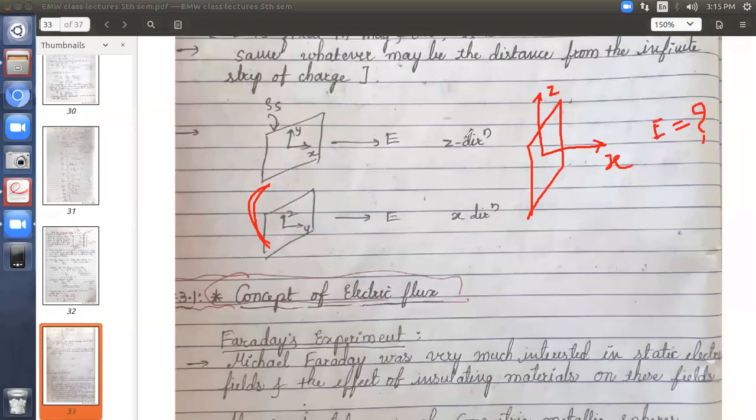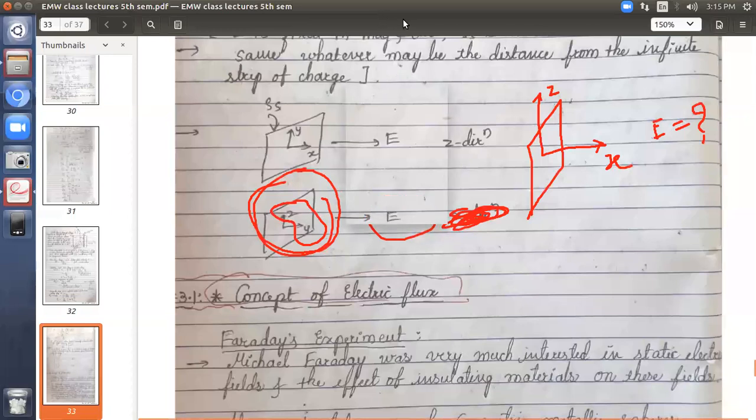Yeah, I got one answer. X. Yes, Tayyaba, very good. Because the sheet is in the YZ plane, the third axis is X. Hence, the X component of the field will exist. Here I have scratched it, it is X.